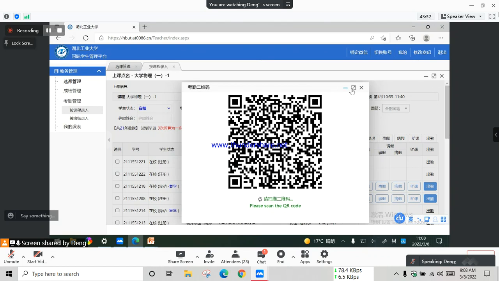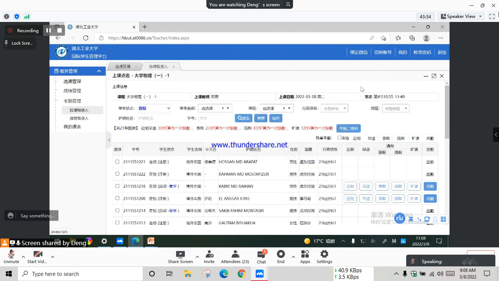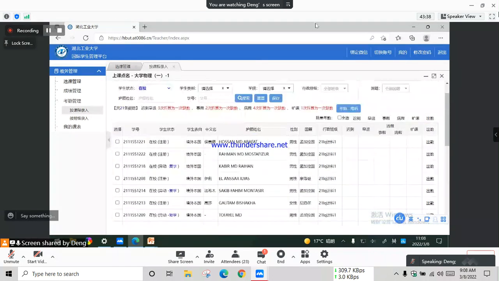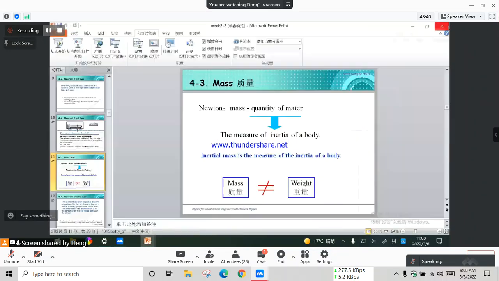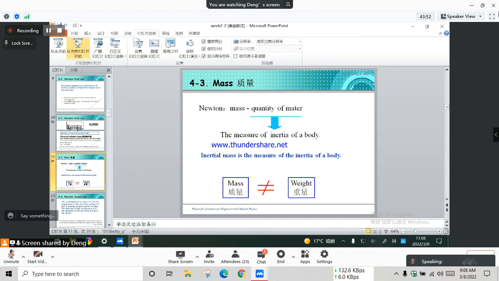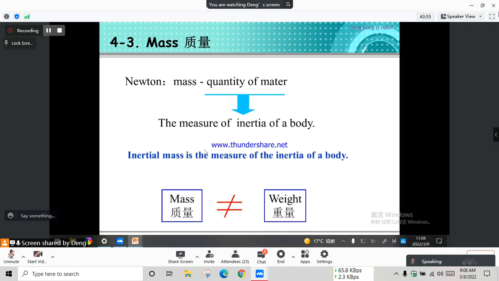Okay, so let's go on. Mass in Chinese we call 质量, but weight is different from mass.